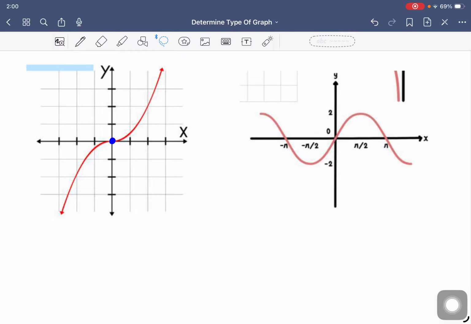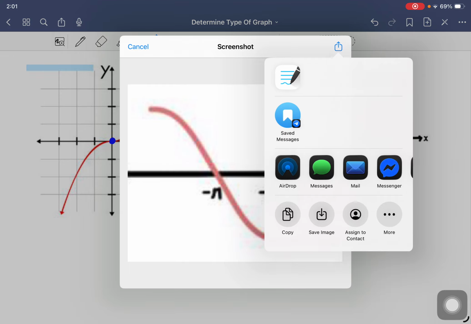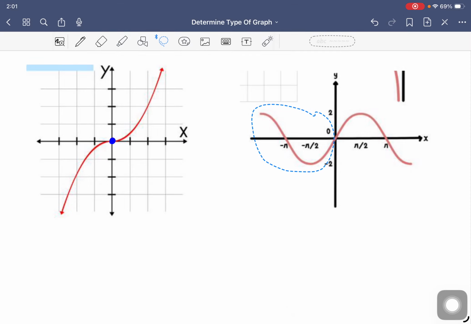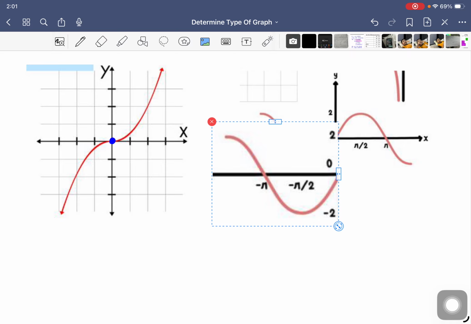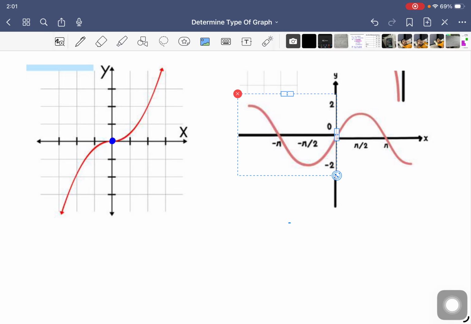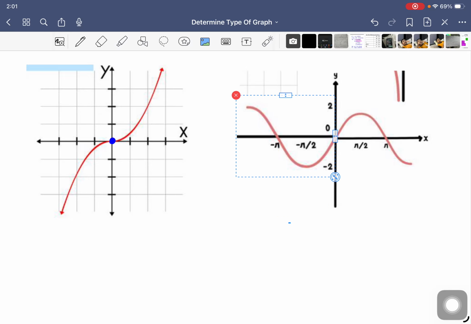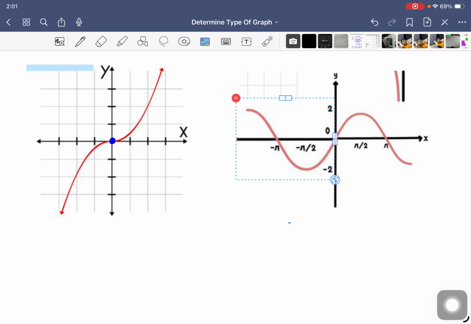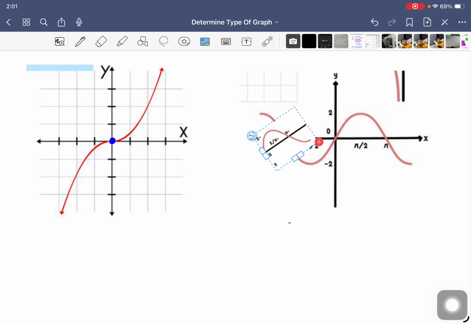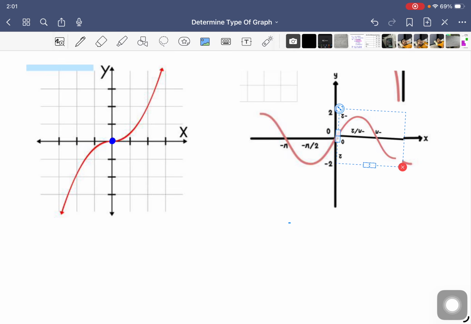Let's say I crop here. This pattern will be symmetric about the origin, meaning it is rotated to the right hand side.